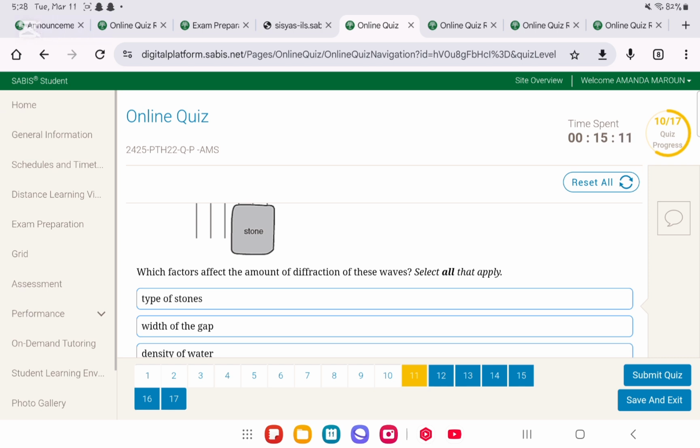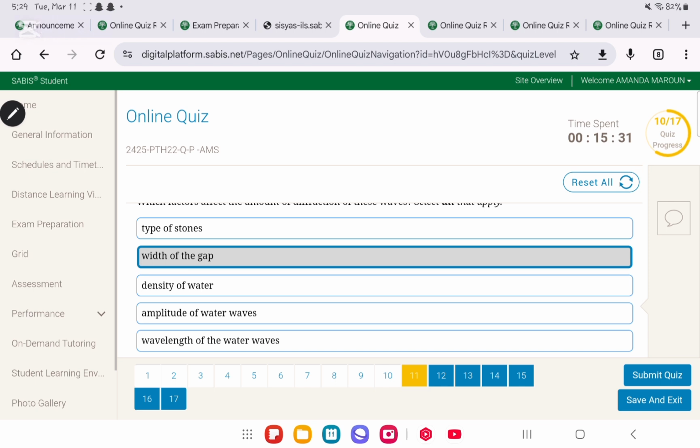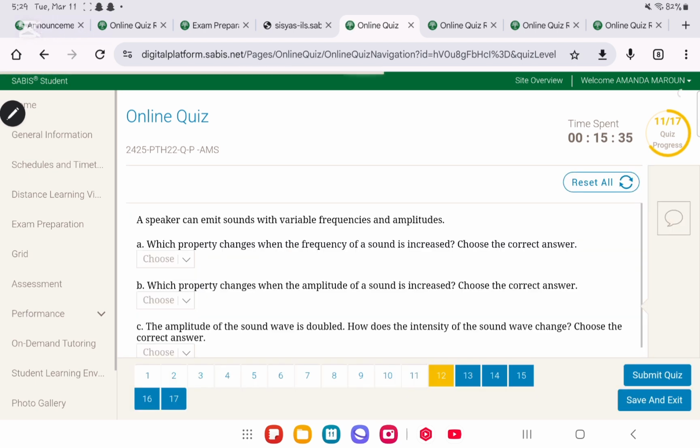The wavelength, that means the longer it is, the more diffraction will happen. The shorter it is, the less diffraction will happen. If it has a greater width, then less diffraction will happen. If it has a smaller width, then greater diffraction is gonna happen. So for sure, it is the width of the gap and the wavelength of the water waves.